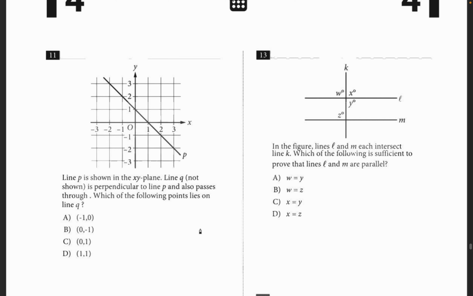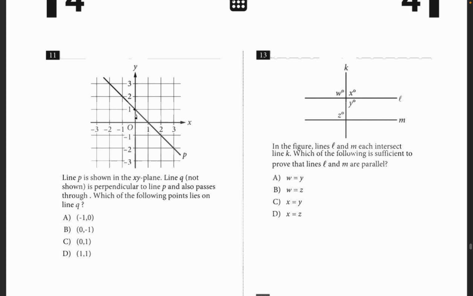Line P is shown in the xy-plane. Line Q is perpendicular to line P. Okay, so this is line P. Yeah, I got it. Let's find the slope.